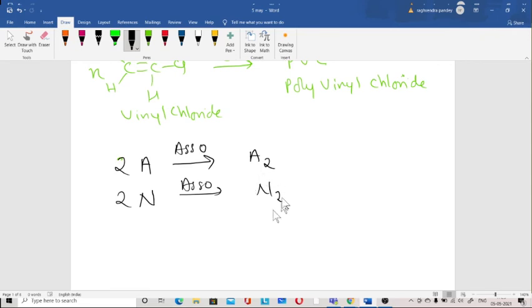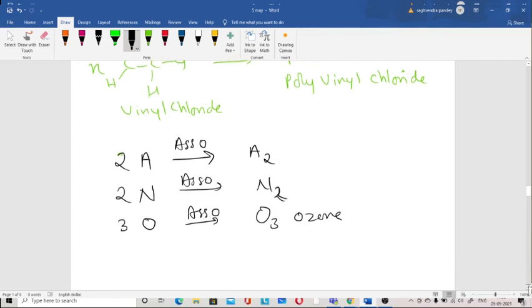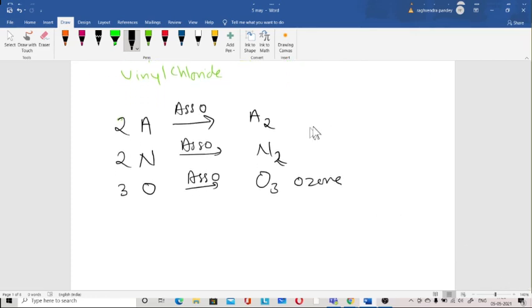Now N2 is a single entity or molecule. Got it. Suppose we take 3 oxygen atoms and they undergo association to give O3, which is ozone. Suppose we take 4 phosphorus atoms, they undergo association to give P4, that is your white phosphorus.